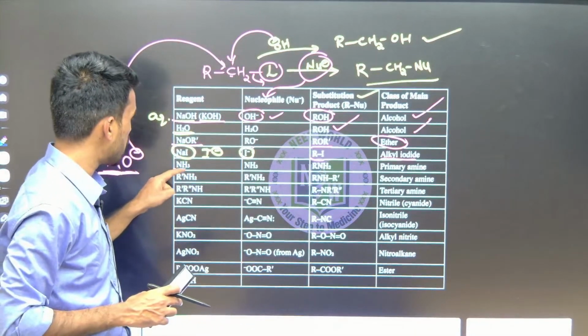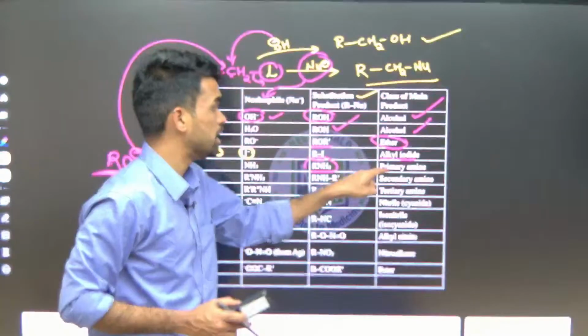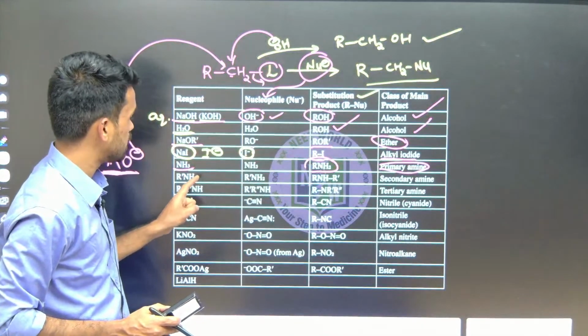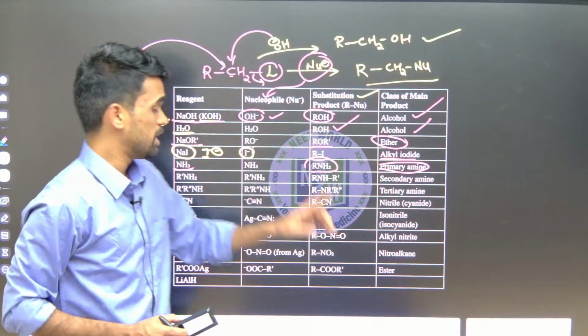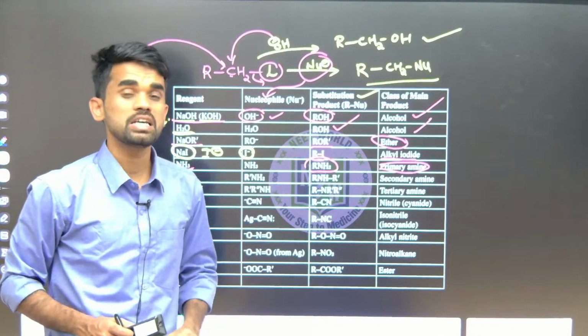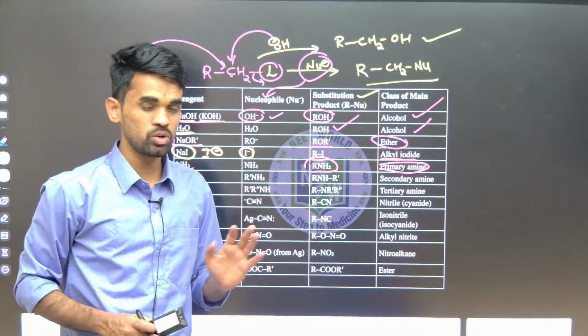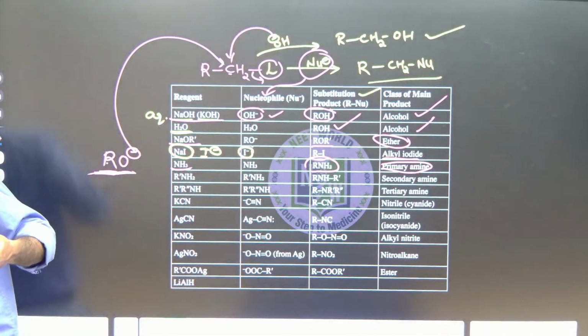Similarly, if ammonia is the nucleophile, then you will get amines. That is the primary amine, you will get as the first product. The next, if the primary amine is acting as a nucleophile, then you are going to get a secondary amine as your product. If the secondary amine is acting as a nucleophile, then you are going to get a tertiary amine as your product. Okay. Everything that we are discussing here is very easy and understandable.